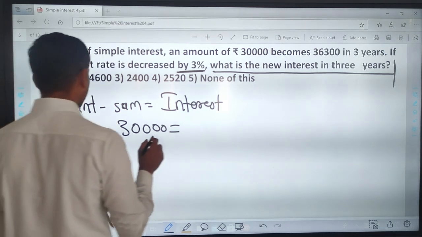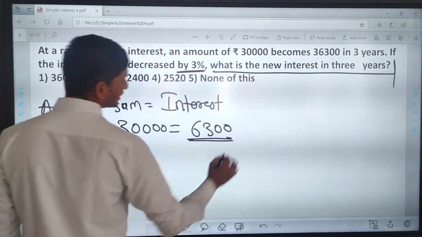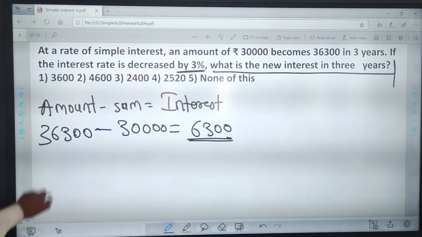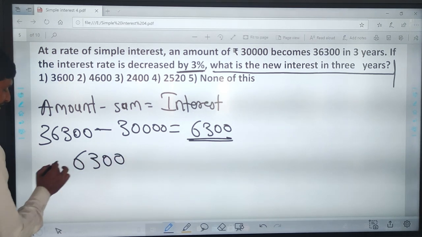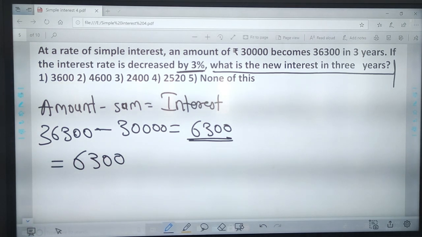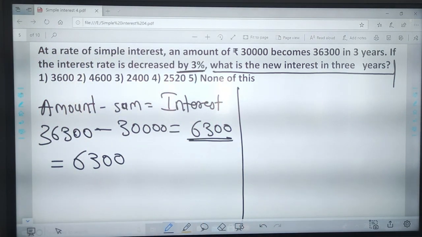Now your interest is 6,300. Firstly the interest is 6,300, and the interest rate is decreased by 3%.